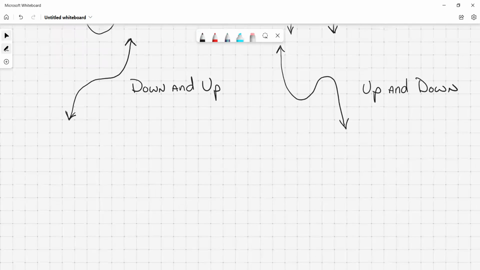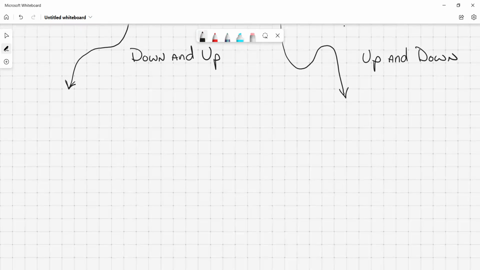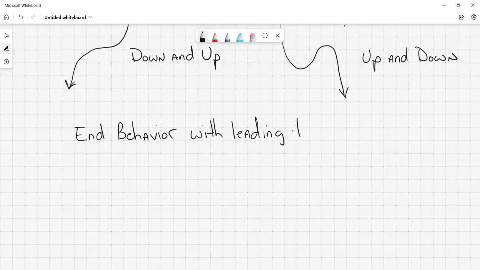So this is called end behavior with leading term ax to the nth power.